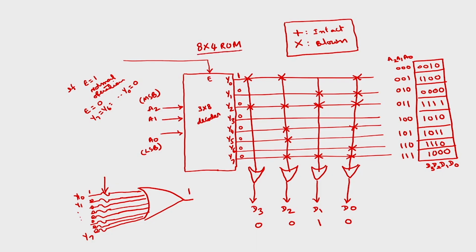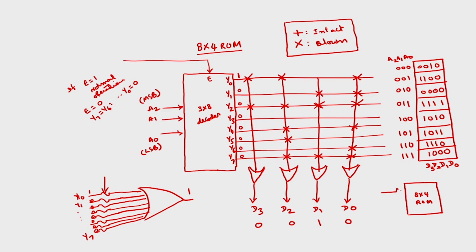Accordingly, you can draw the circuit diagram of any size of the ROM. So, I can represent this with a simple block diagram. 8 by 4 ROM. What are the various signals available for 8 by 4 ROM? We have 3 address lines.